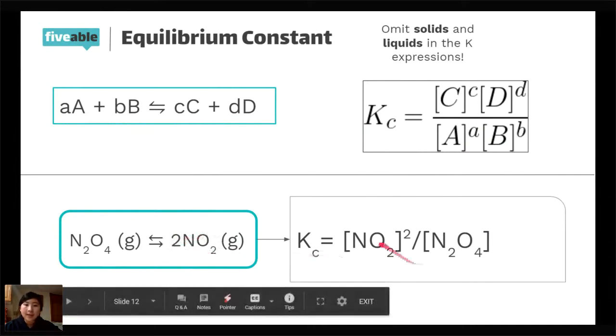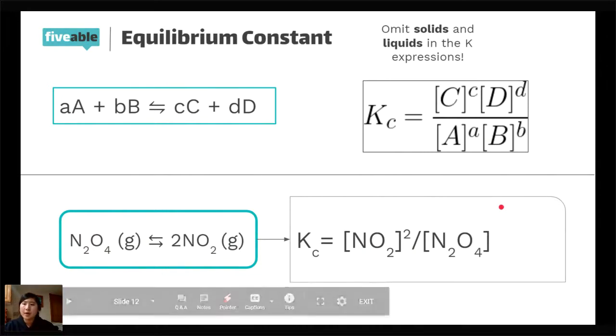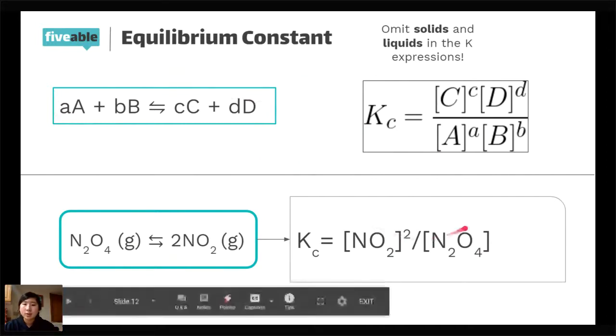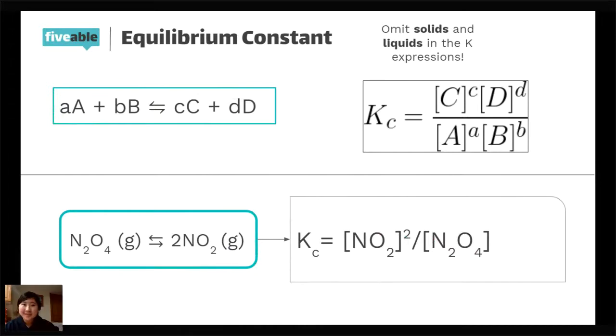So I'm going to put the NO2 in the bracket, in the numerator, and then there's a coefficient of 2, so you put it to the power of 2 for this equation. So I hope this makes sense. Does this make sense to everybody? You see how I matched it up, went off from this general equation and then applied that to the actual reaction.